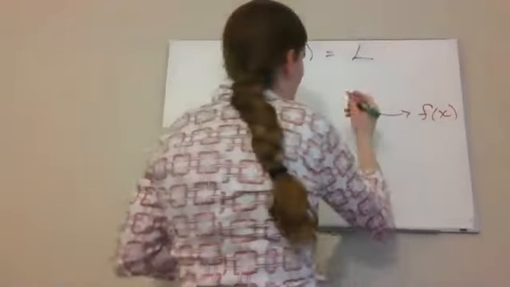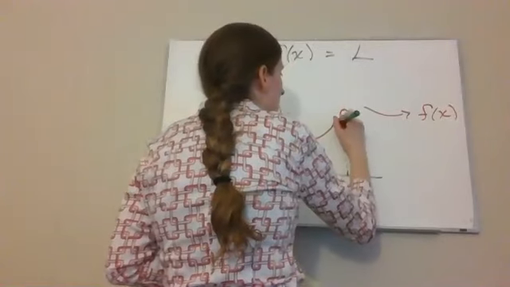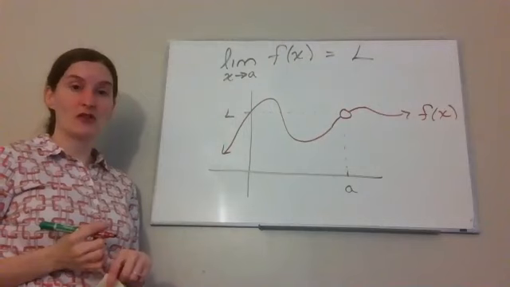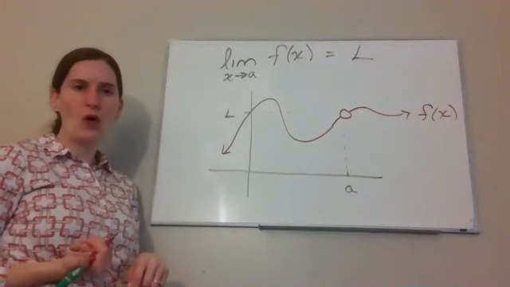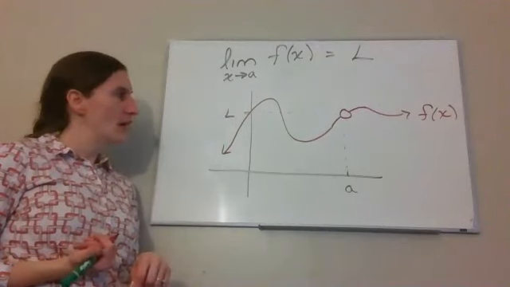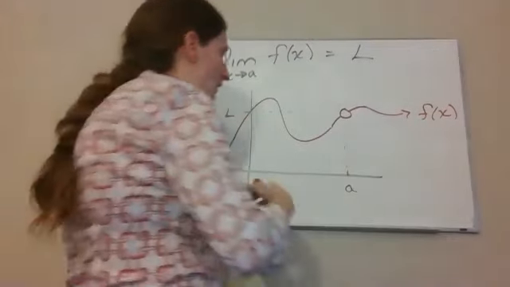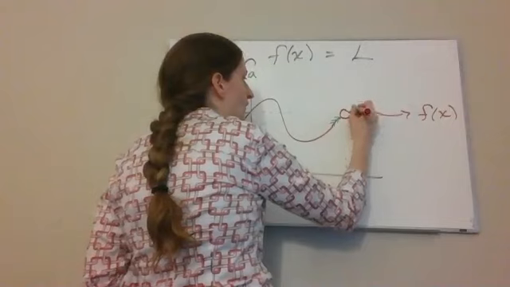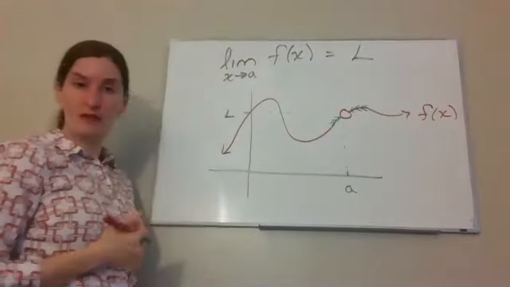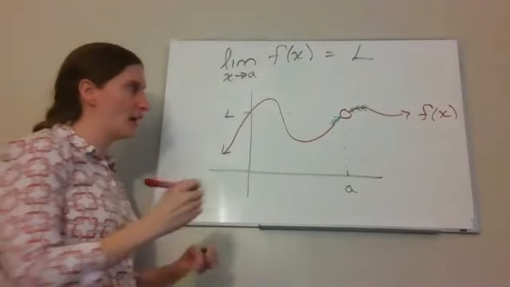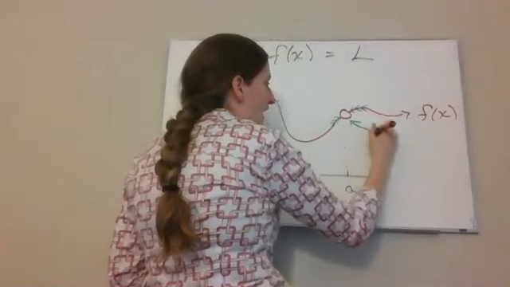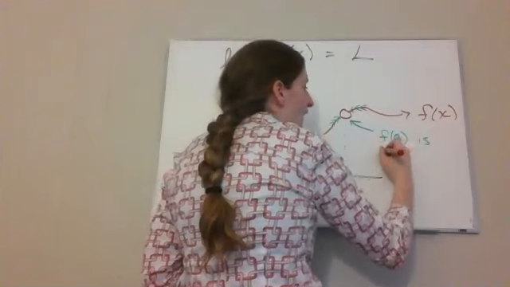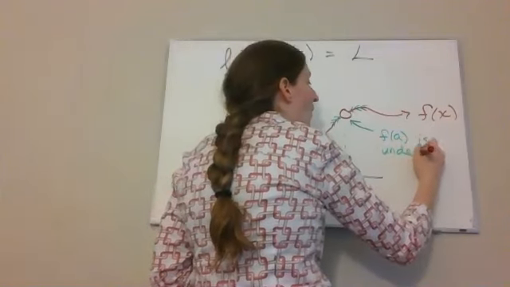Here's a different function. It looks about the same as the function we just had, except it happens to have a hole at A. But as I approach A from both sides, my x values get closer and closer to A. The y values are still getting closer and closer to L. So notice that here f of A is undefined because I have a hole in the graph.